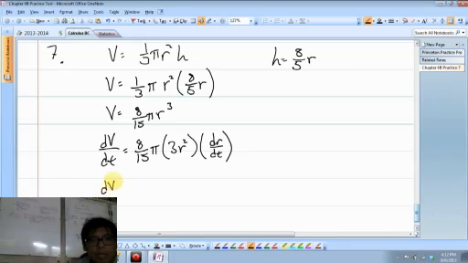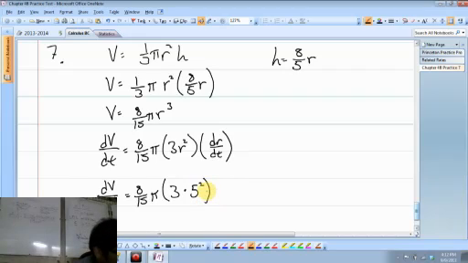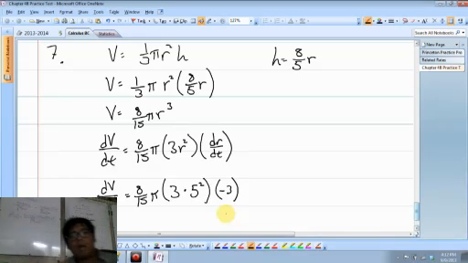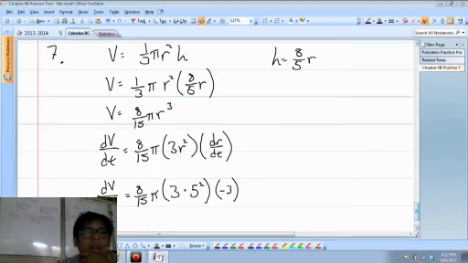So we're just going to substitute stuff we know now. Currently r is 5 and dr dt is -3. I'm not going to take any chances. I'm just going to use the calculator.